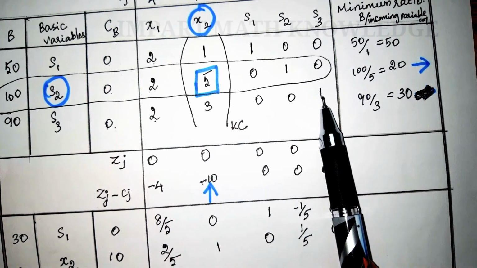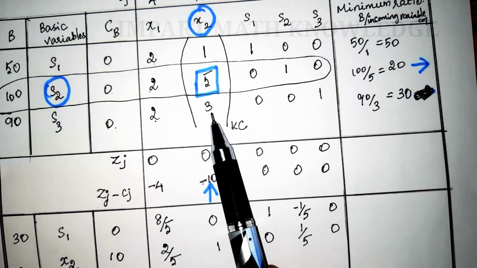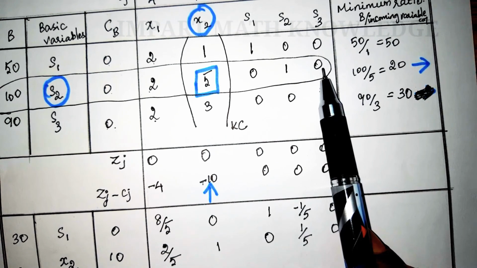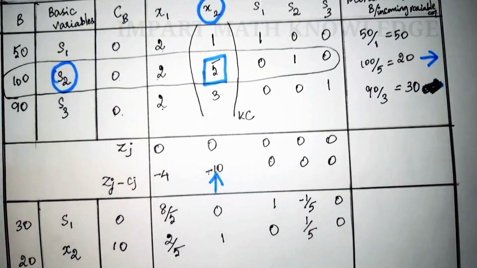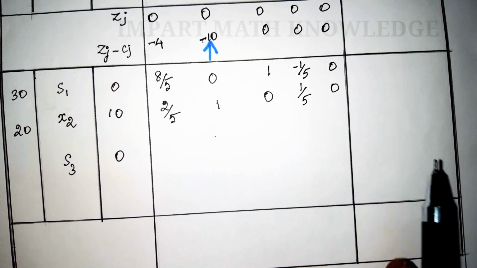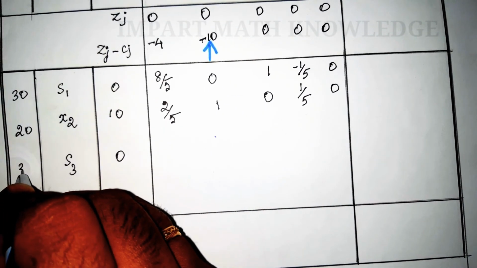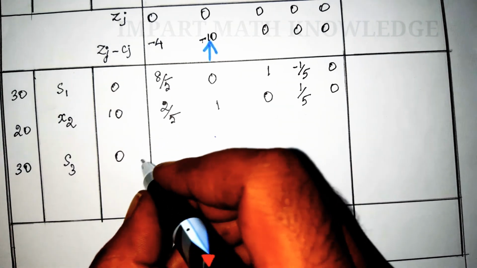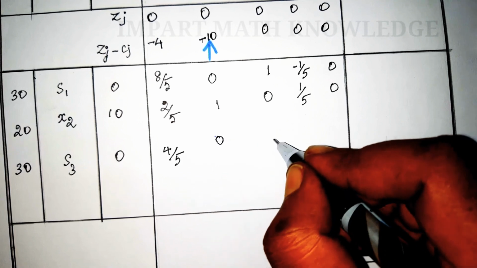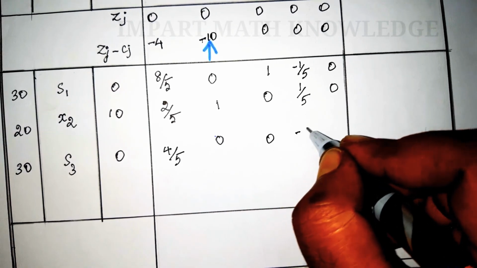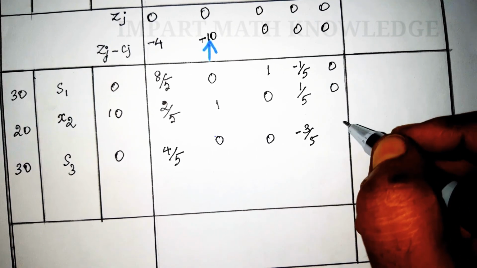And for the last one, 1 minus key column value was 3 into key row value divided by key value. And using that formula, you will get the values 30, 4 divided by 5, 0, 0 again, minus 3 by 5 and 1.